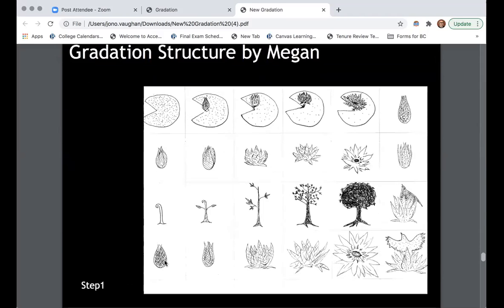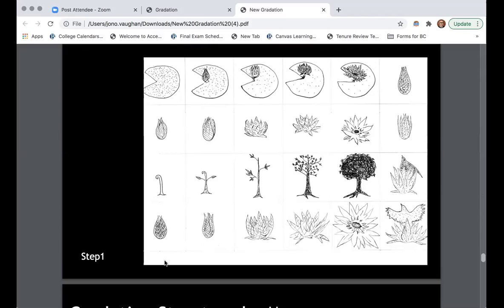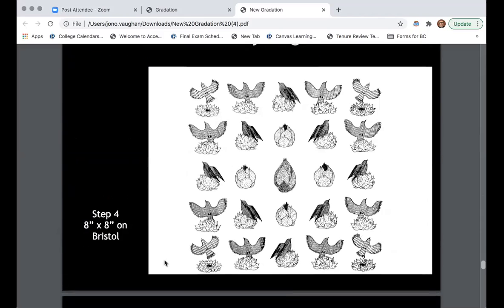Here's another one by Megan. I don't have all of her work, I just have a few. So these were her ideas for her steps. And this was her final. So she had this cool final where she was gradating in a number of ways. She was gradating the value in the bird, but there's also like this idea of the bird being inside the flower and then coming out of the flower.